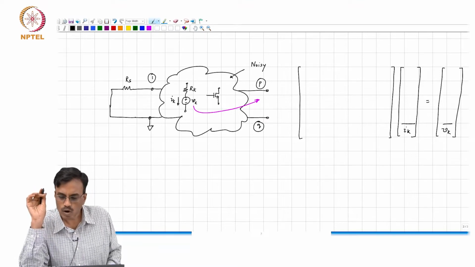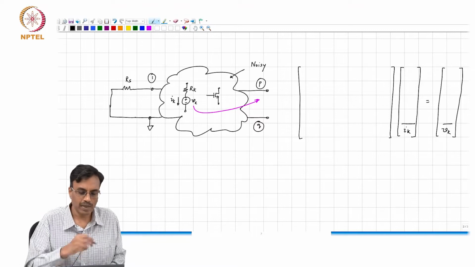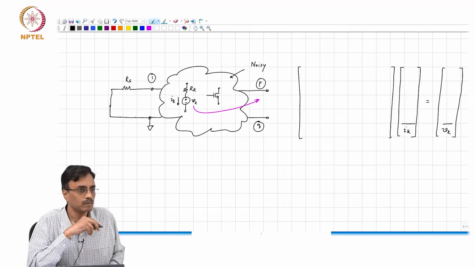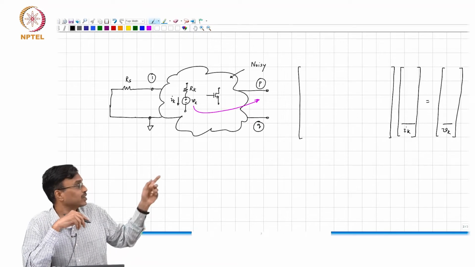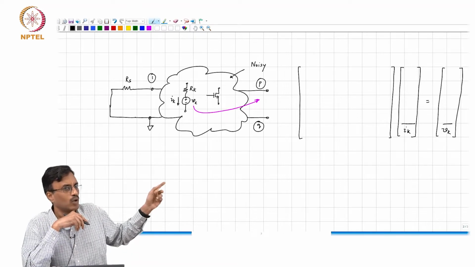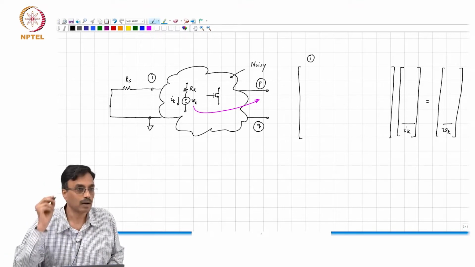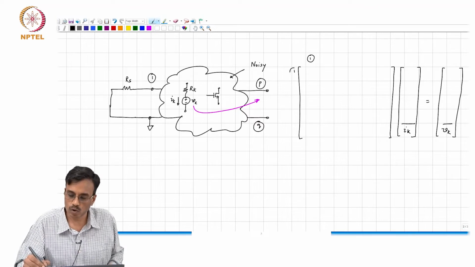And what else do we know? Well, we know that there is a resistance Rs from node 1 to ground. So, if you look at this MNA matrix, this is node 1, and this is the first row.